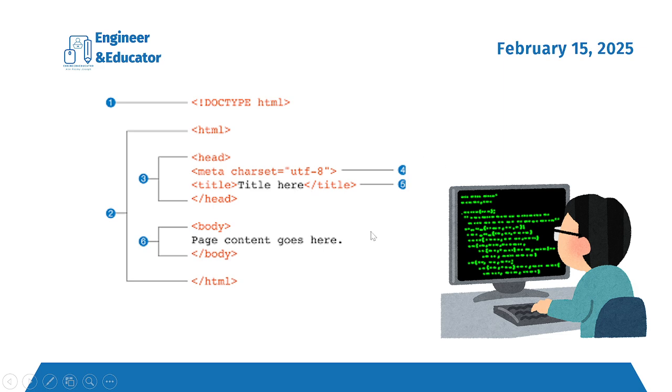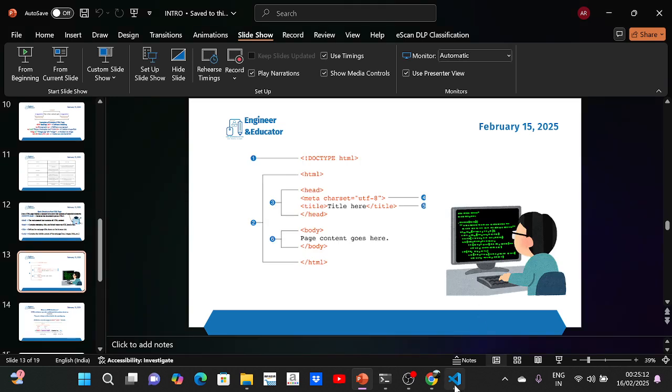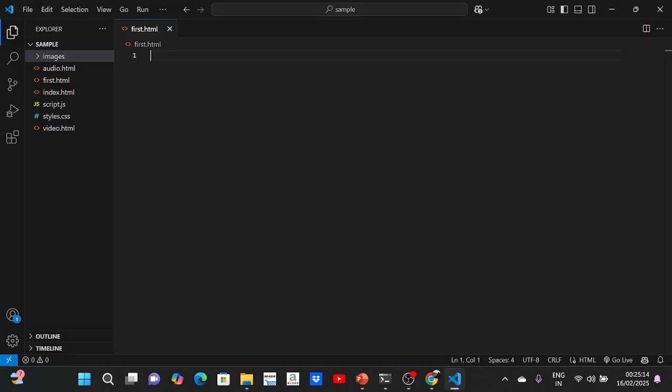Now next, we will start making a web page. You already have this; I have named it first.html. You must name it index.html, and keep in mind that you need an index.html file when you are working on any project, because if you want to push it to GitHub, you must name it index.html, your landing page.